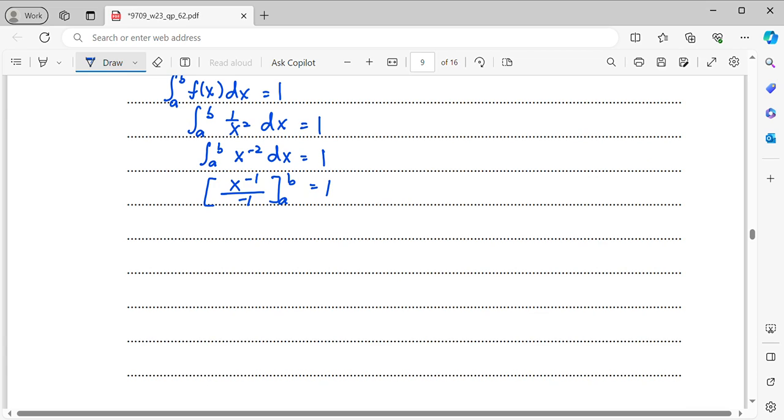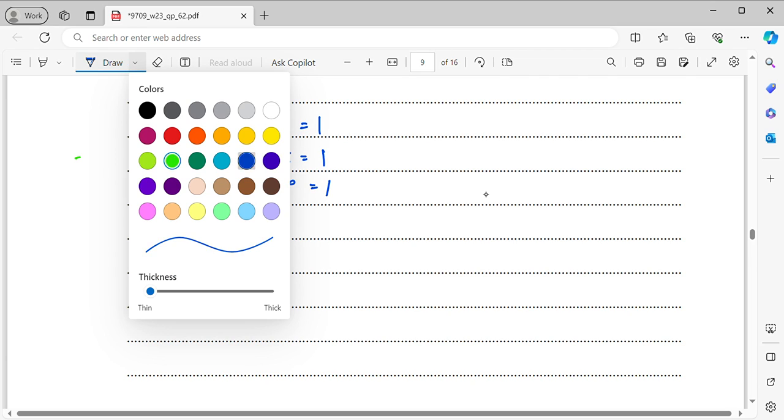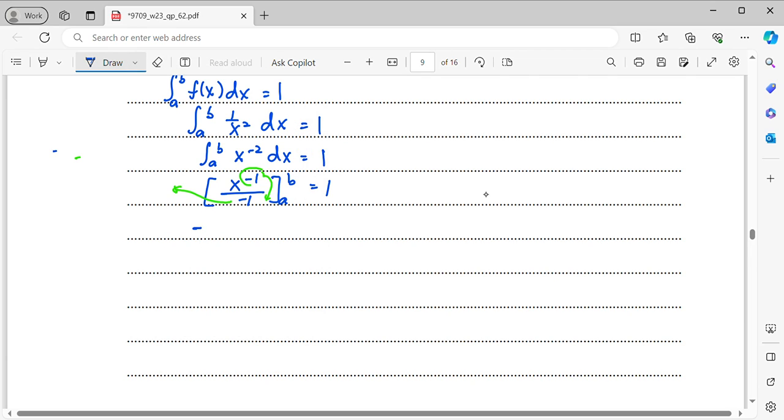And now I simplify. This minus 1 in the denominator will be taken out. Then this power negative 1, I will move down the whole term. So that means this is going to be negative 1 over x, because x to the power of negative 1 becomes 1 over x. Limits from a to b.